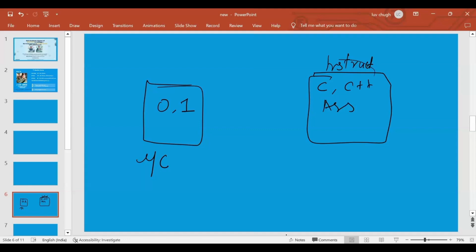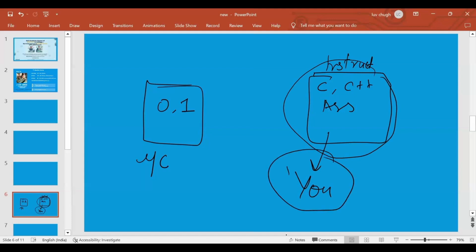So the purpose of these languages is for you, and that would be converted for the microcontroller into either 0 or 1, because this is the only thing the microcontroller can understand. None other than that. Now the beauty is, you have all studied in your curriculum that microcontrollers or digital systems understand only 0 and 1, but how will you make the microcontroller understand this 0 and 1? That is the task, that is the definition of real skills, right?